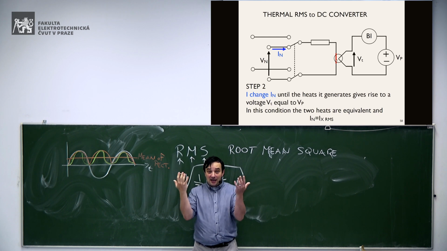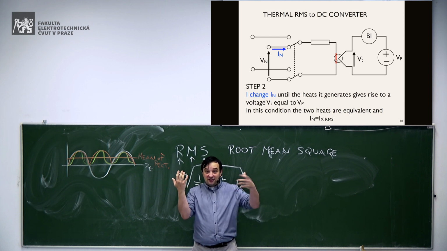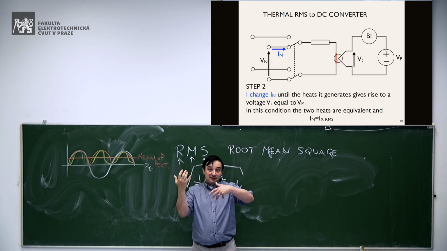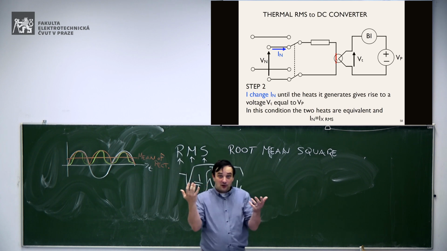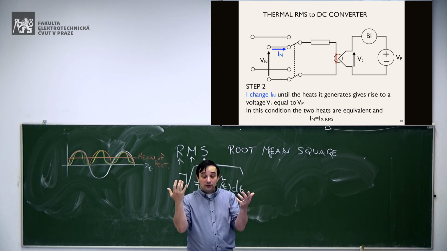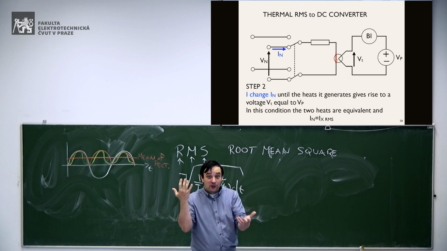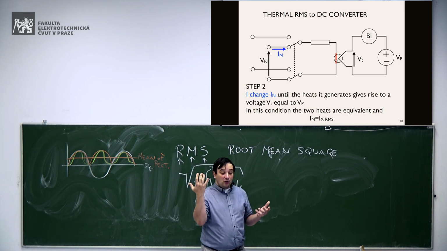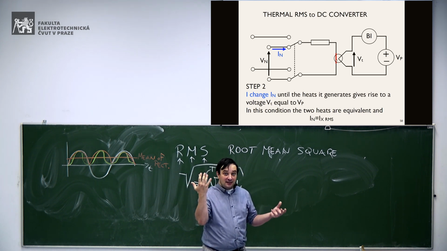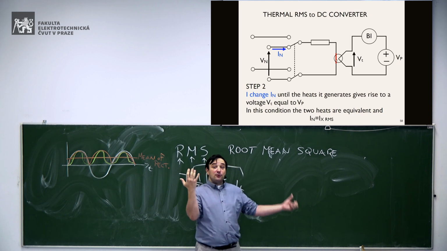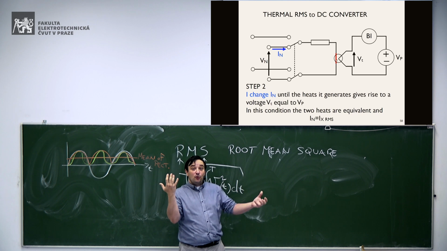Now, we had a balance in step 1. We change the heat, we produce another voltage with the temperature sensor, and therefore we lose the balance. What do we do? We don't change Vp. Vp is still our memory. It reminds us how much heat we generated before. So what I do is change the current In until it produces the same heat we had before.